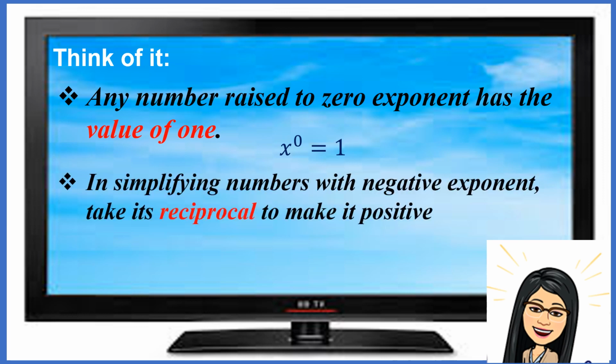Another thing to remember in simplifying numbers with negative exponent: take its reciprocal to make it positive. The simplest way of taking the reciprocal is by writing x raised to negative m, which is in the numerator, into the denominator, and y raised to negative n in the denominator should be written in the numerator to make them positive.